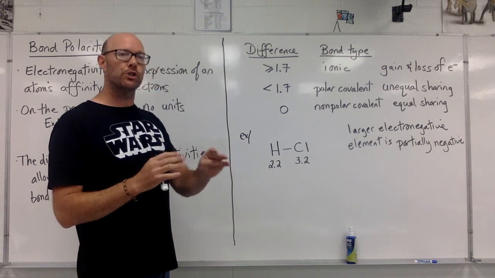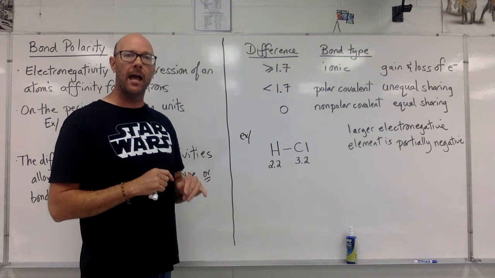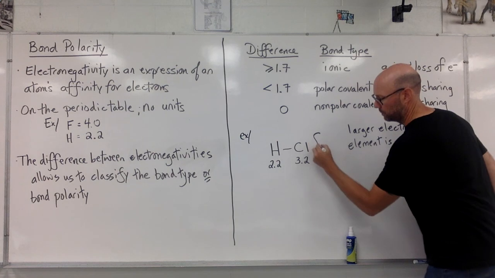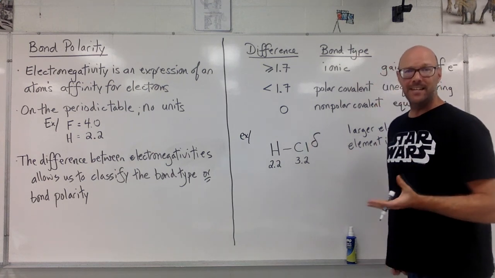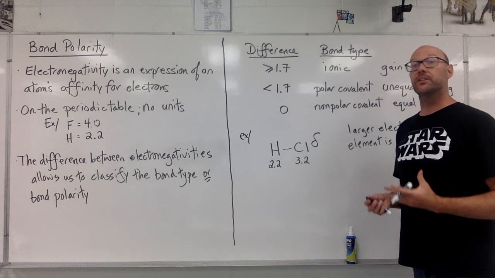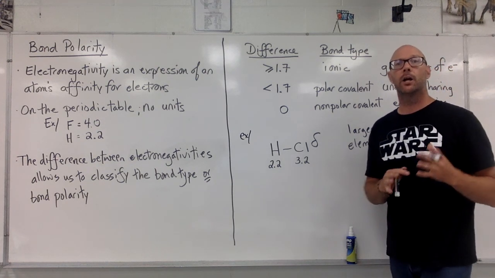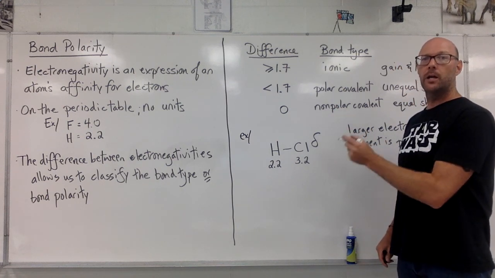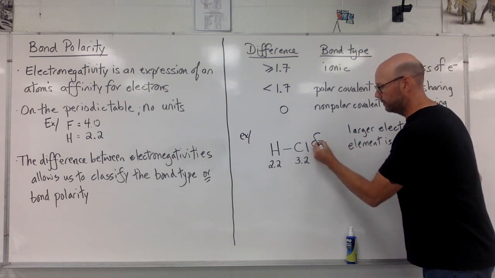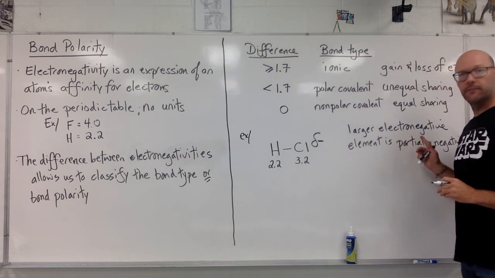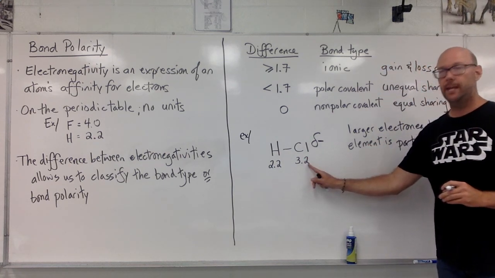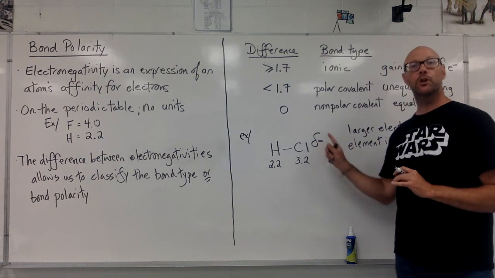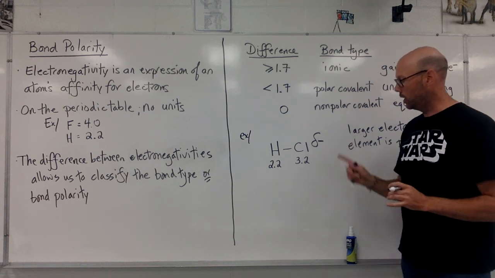So it's only partially negative, or mostly negative. And we have a special symbol for showing that. It's a curvy D. It almost is like a D turned into an S. This is a lowercase Greek letter delta. In science, it always means partial. Lowercase delta is partial, and it's negative. The larger electronegative, the element with the higher number, is going to take on this partial negative charge. Start to make an S and turn it into a D, a lowercase Greek delta with a negative.